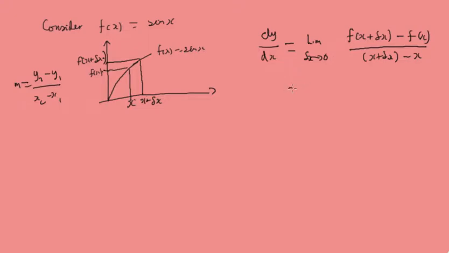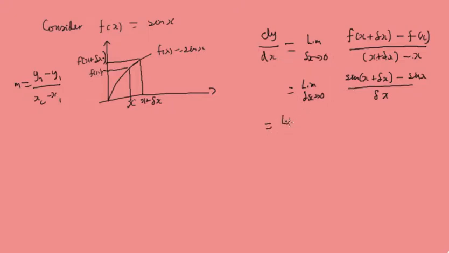So as the limit of dx tends towards 0, instead of f of x, we'll write sine of x plus dx minus sine x all over, so x plus dx minus x will just give us dx. Now we can expand sine x plus dx using the compound angle theorem.